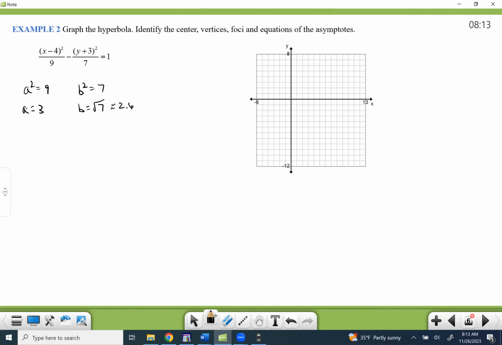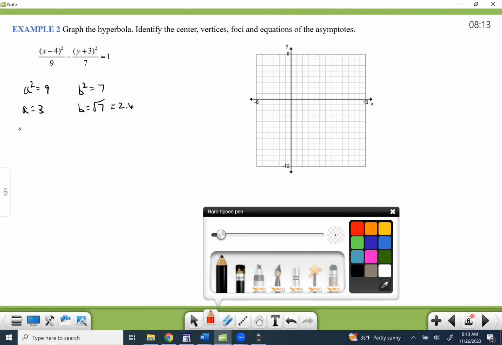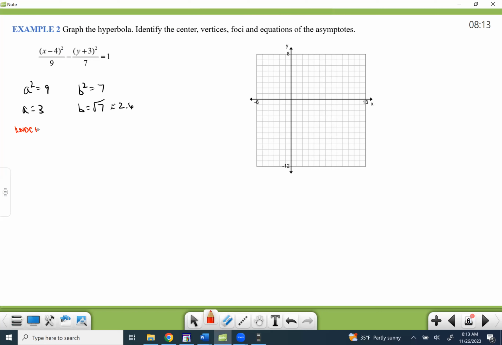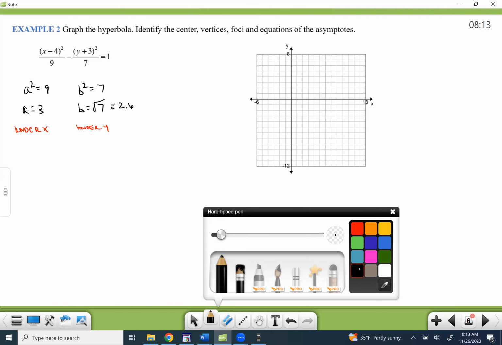Okay, so it's good to note that this A is under Y, oh no, under X, just kidding. And that this B is under Y. So that tells me, once I get my center, that I'll be going 3 in the X direction and 2.6 in the Y direction.